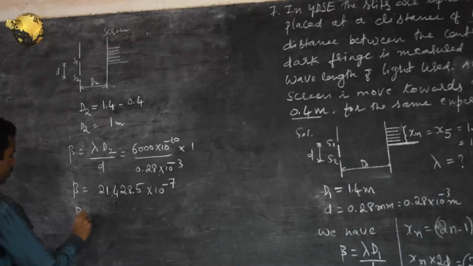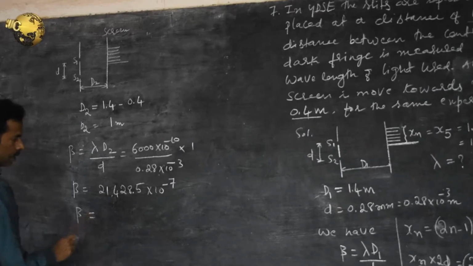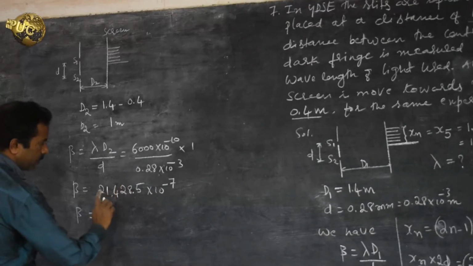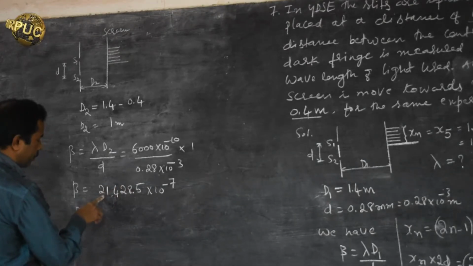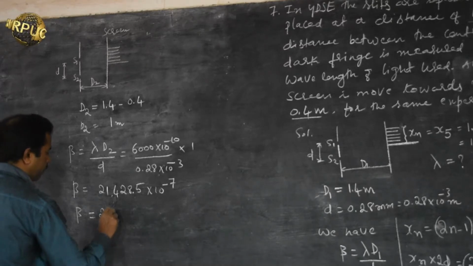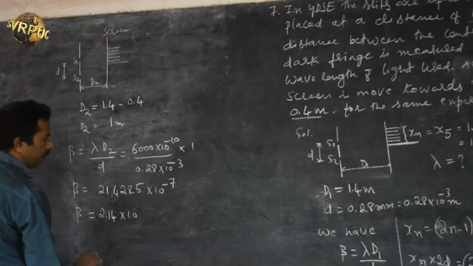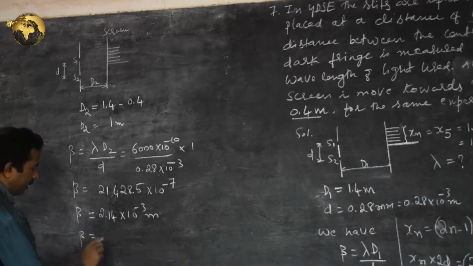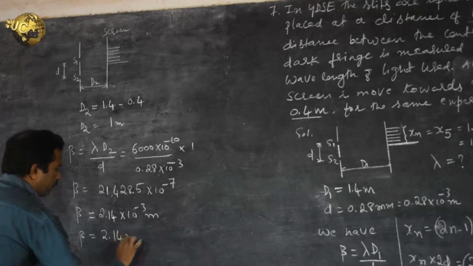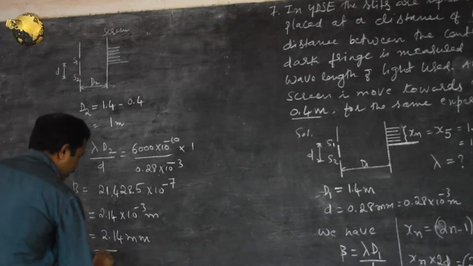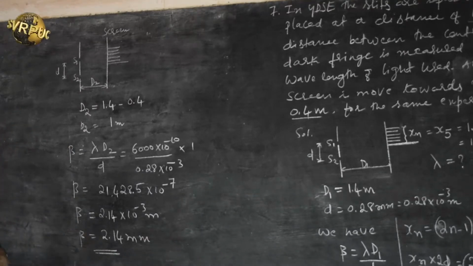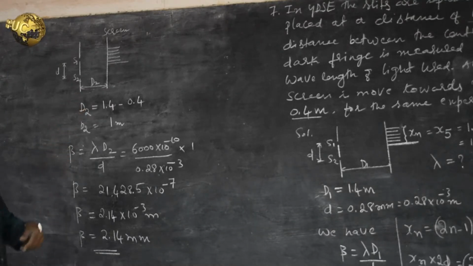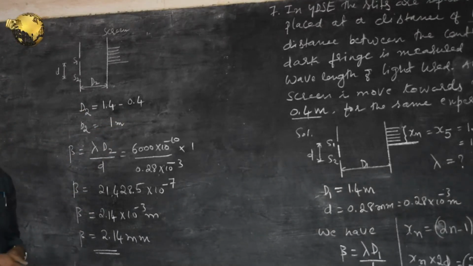So let us move the decimal to the left side, then it becomes 2.14 into 10 to the power minus 3 meter, and finally beta is equal to 2.14 millimeter. This is the value of fringe width when the screen is moved towards the slits by 0.4 meter.